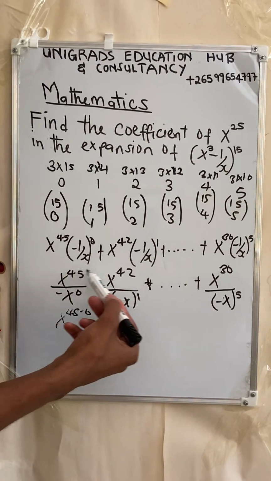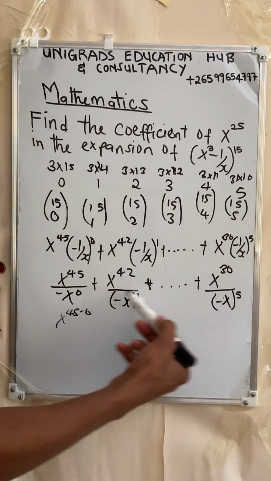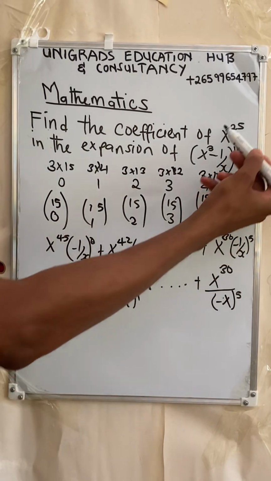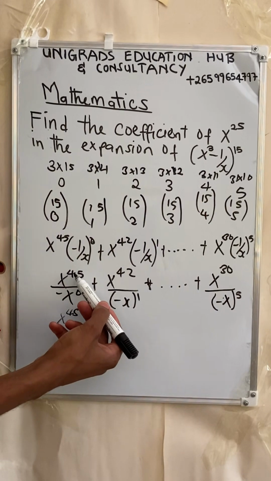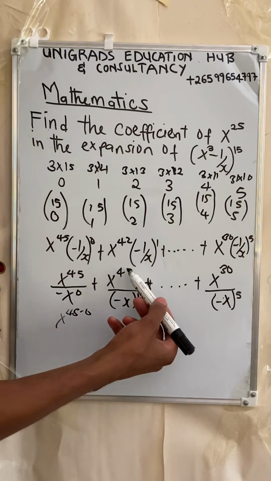So you can take note of the sequence of the powers in the numerator and in the denominator, and find which two numbers, when you subtract, give you 25.